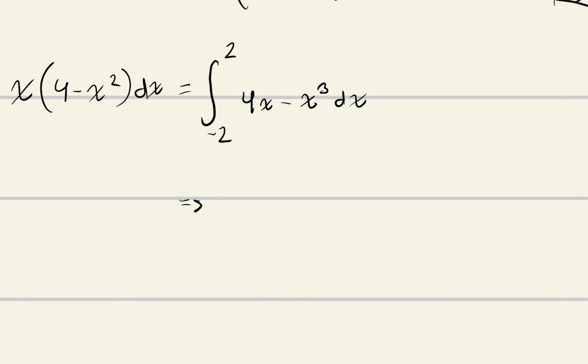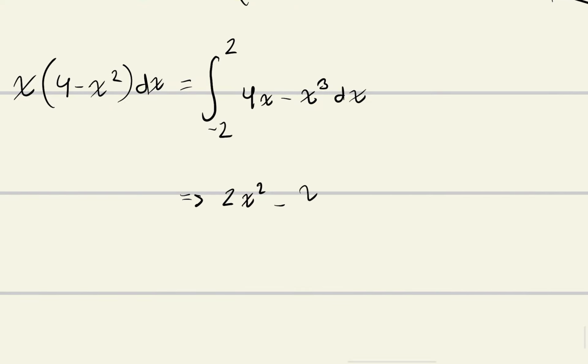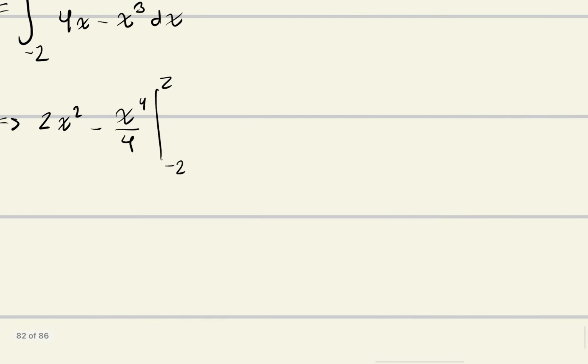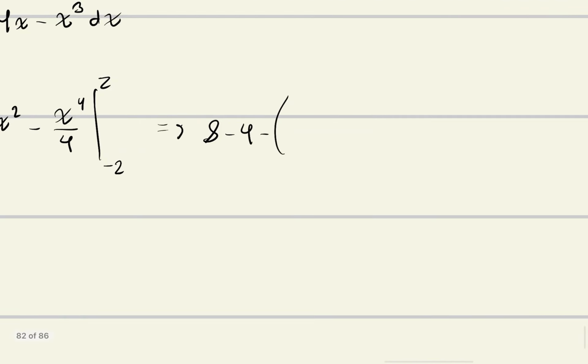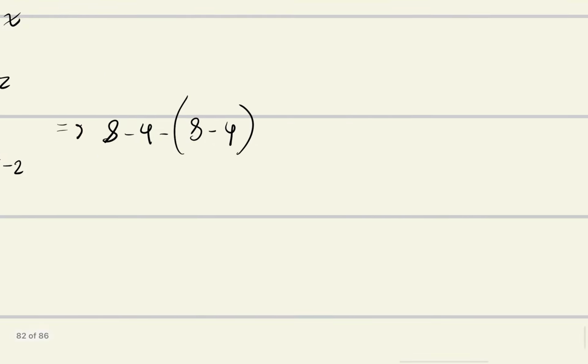And that is 4x squared over 2. We can simplify this to 2x squared minus x to the 4th over 4, evaluated from negative 2 to 2. This is equal to 8 minus 4 minus 8 minus 4. And this is equal to 0.